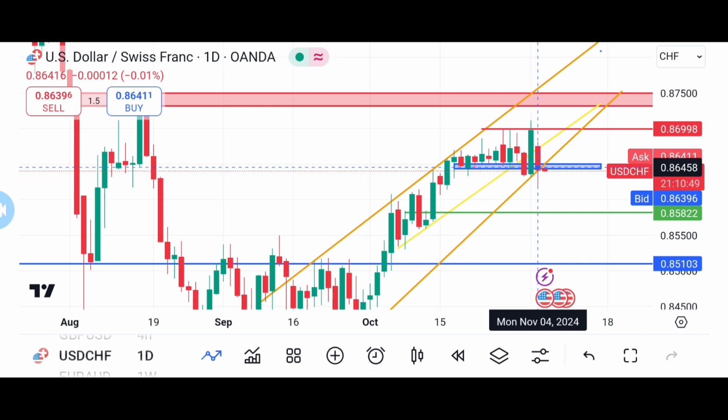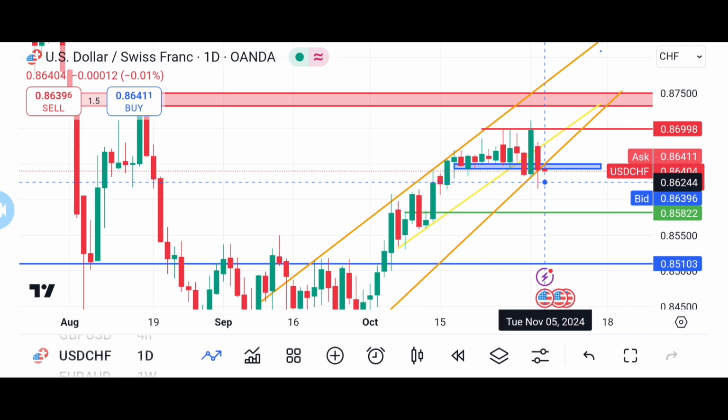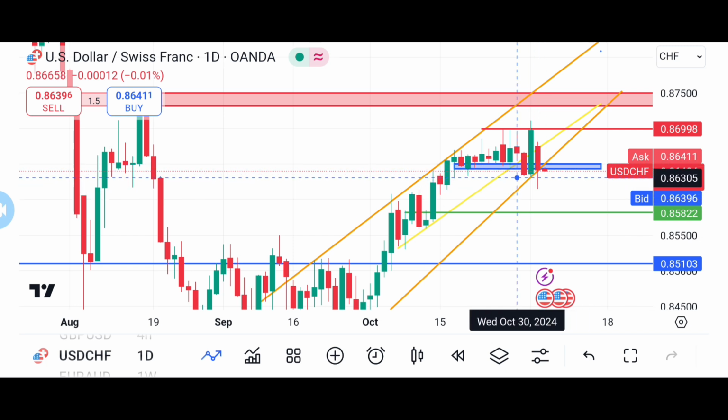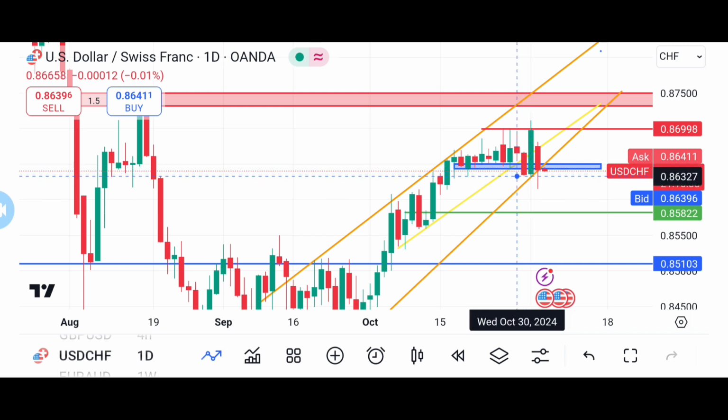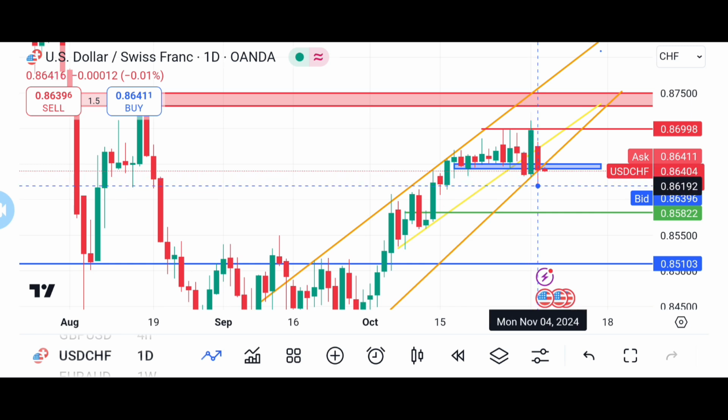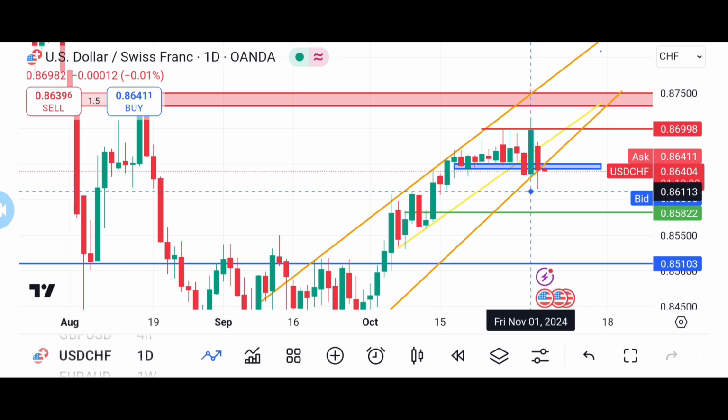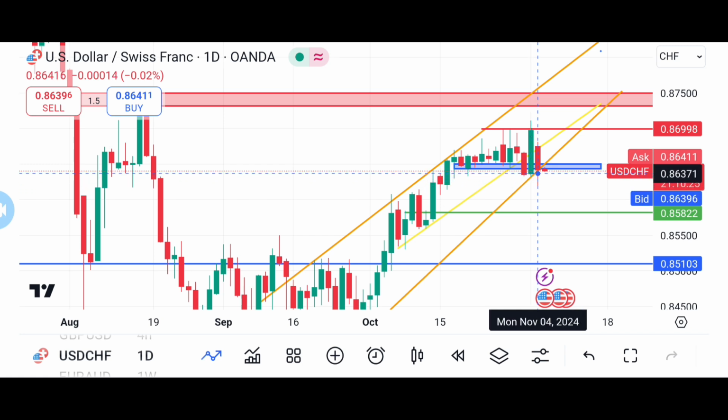Can you see this red candle? It wicked below the two days, Friday and Thursday last week, so it grabbed the liquidity below here with the wick. This is what I'm calling a liquidity grab. Then it closed above the range.